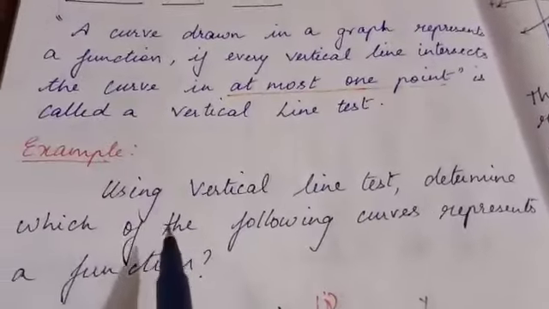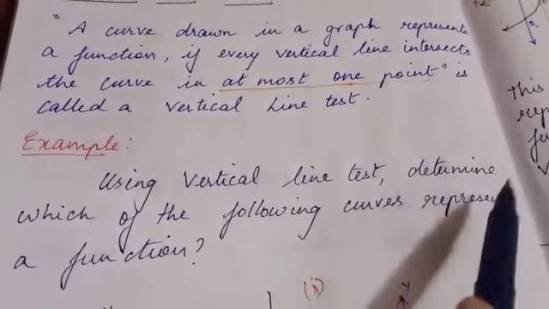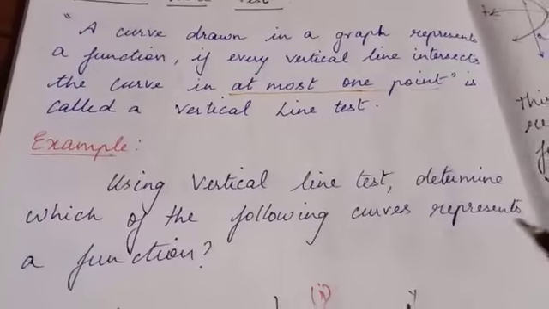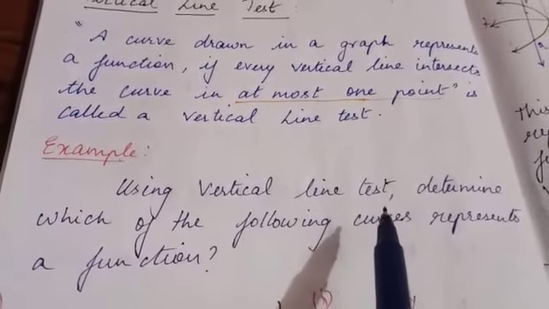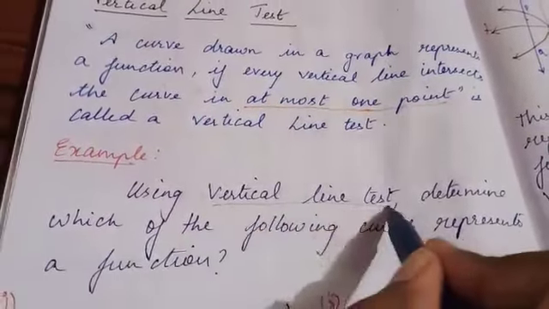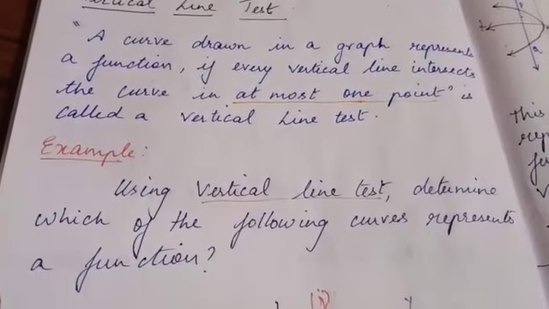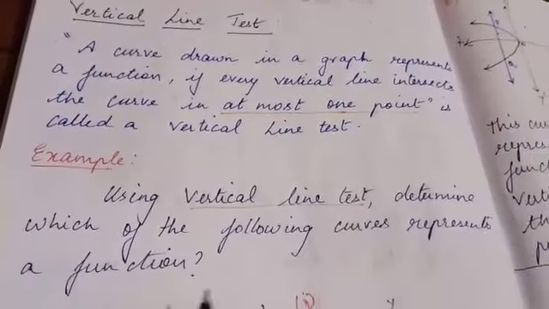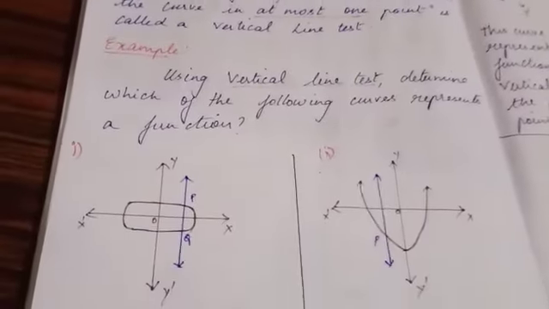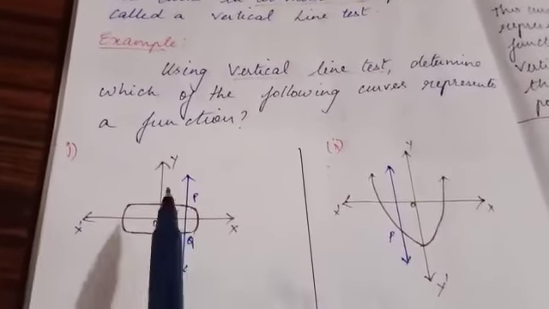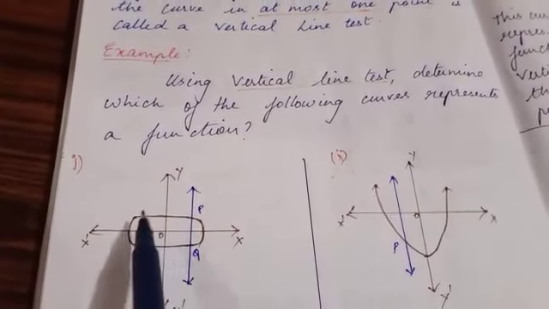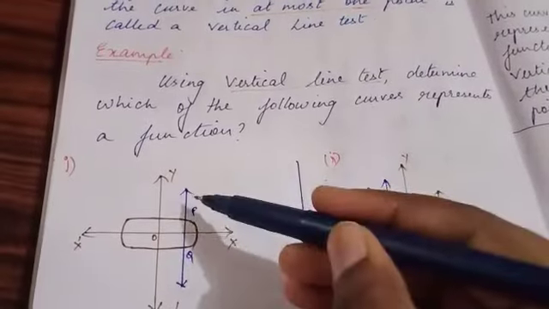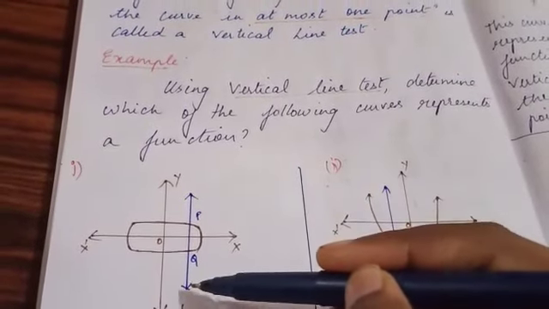So, example: using the vertical line test, determine which of the following curves represent a function. This is our first subdivision. This is the curve drawn inside the graph, and this is the vertical line.